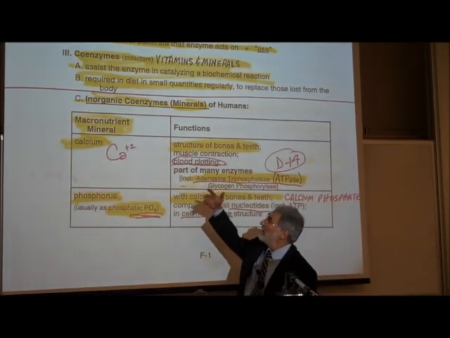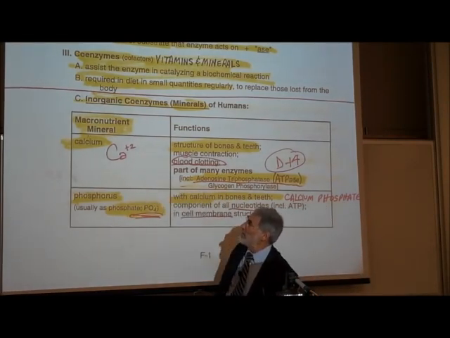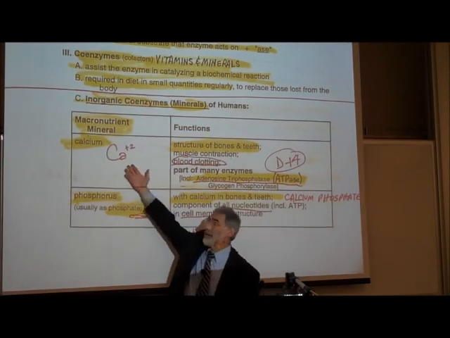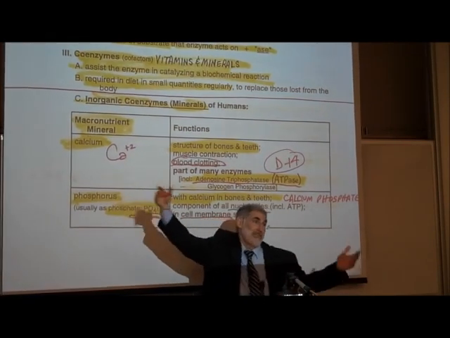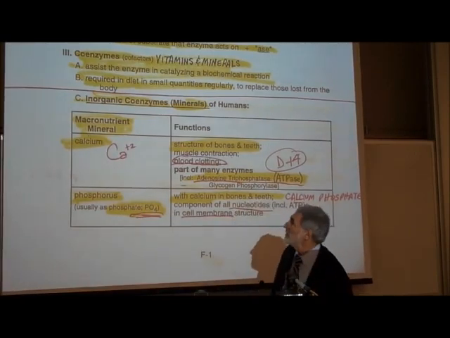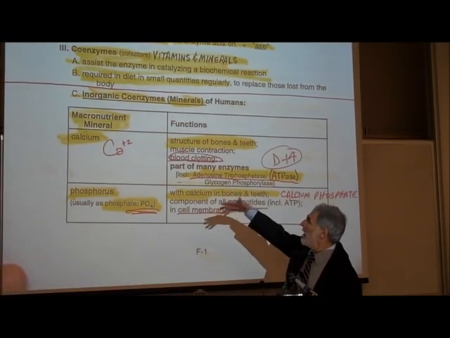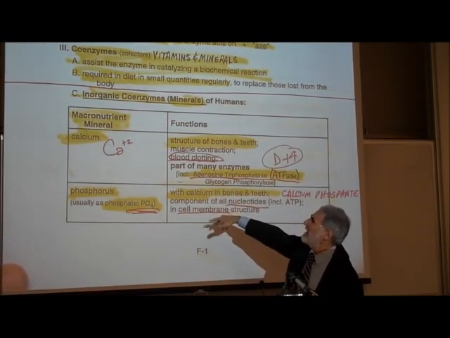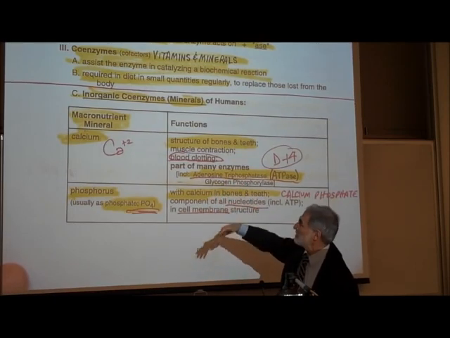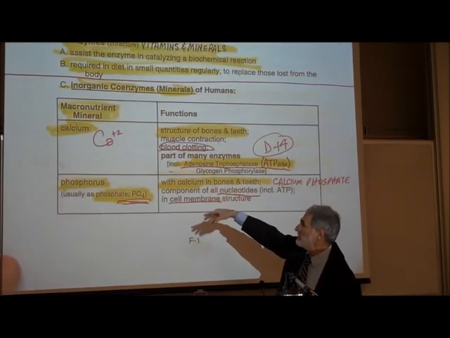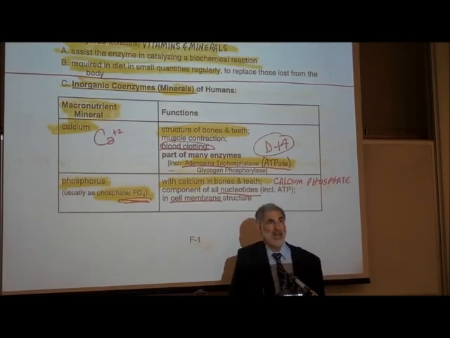So that's what minerals are. It's not an organic molecule, it's just a simple metal or non-metal. So those are minerals. I'm not going to include this on the exam, but what we're about to start to talk about are minerals and vitamins and what they do.